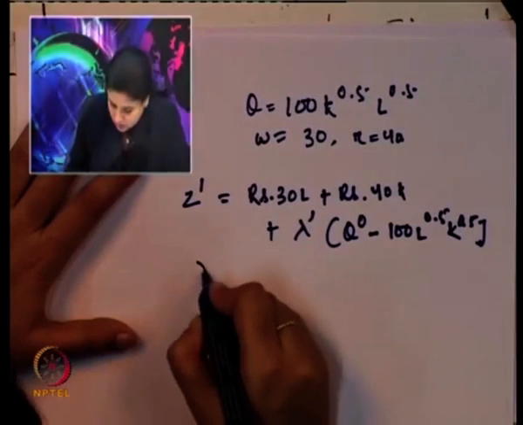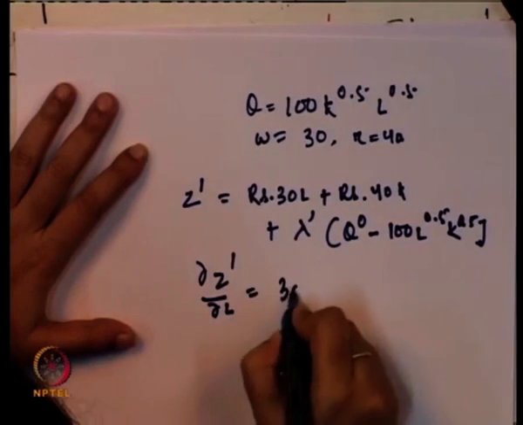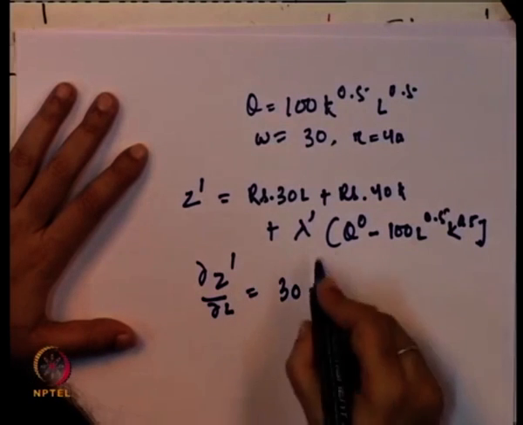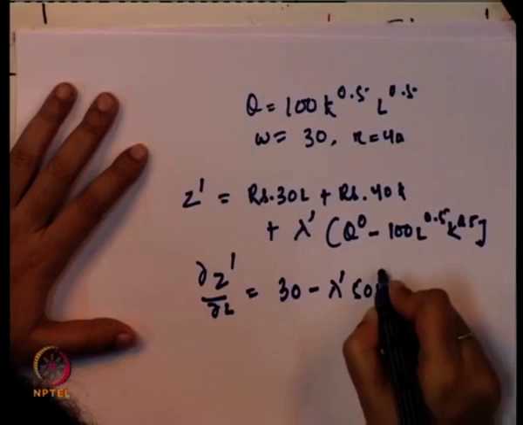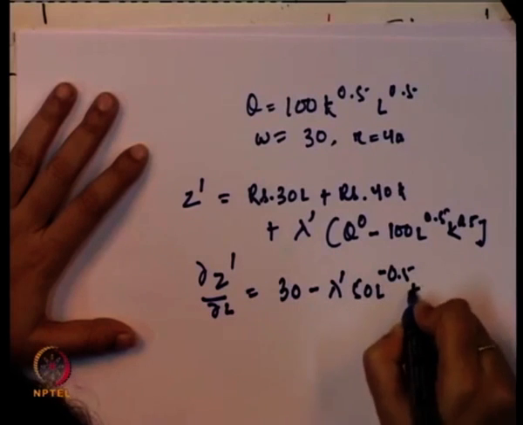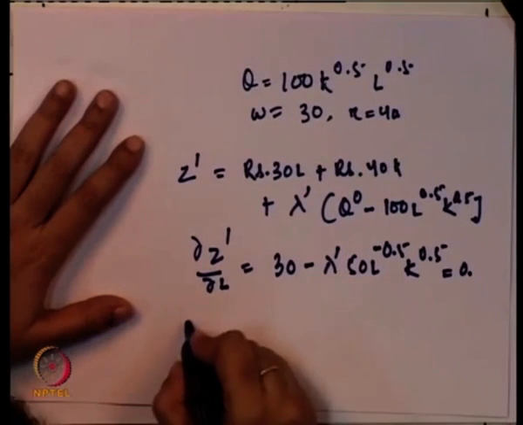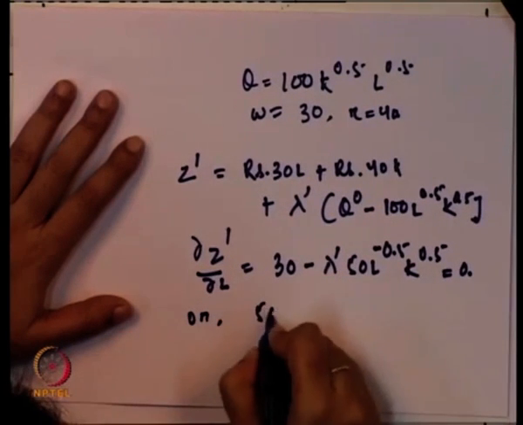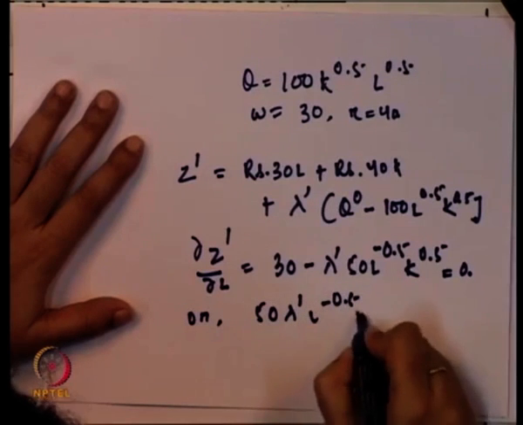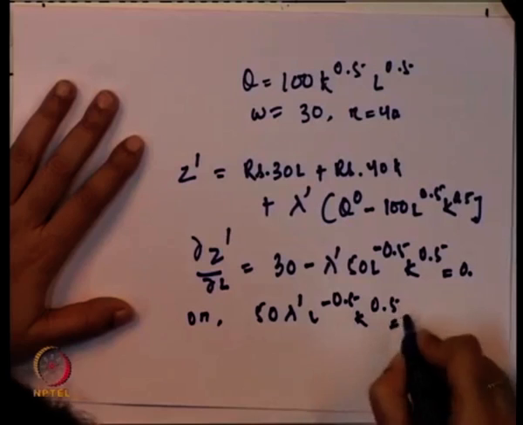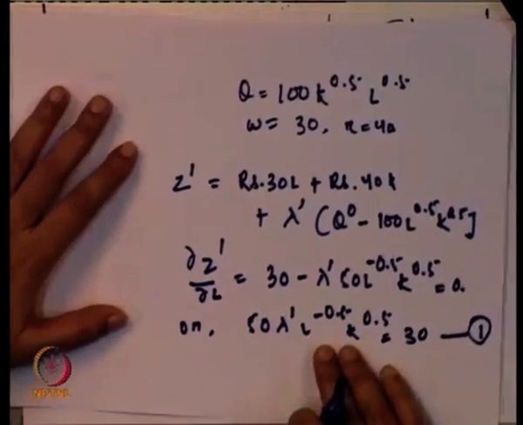For the first order condition, we find del Z by del L, that is 30 minus lambda dash 50 L to the power minus 0.5 K to the power 0.5 equal to 0, or 50 lambda dash L to the power minus 0.5 K to the power 0.5 is equal to 30. Suppose this is our equation 1.